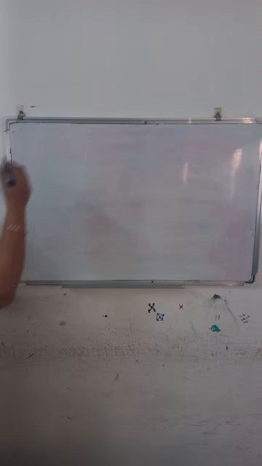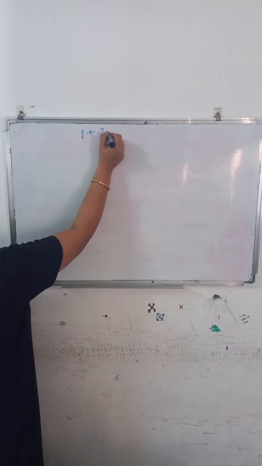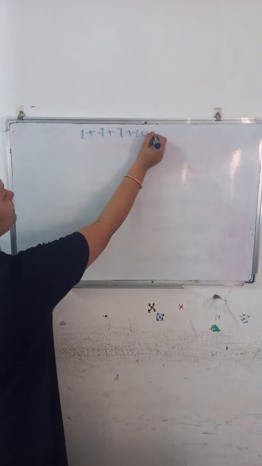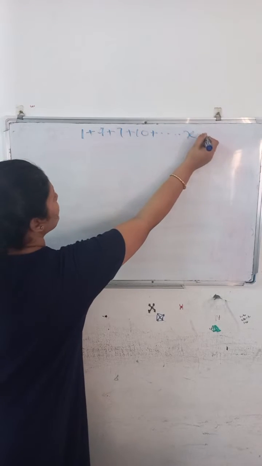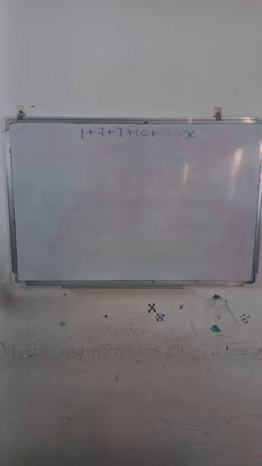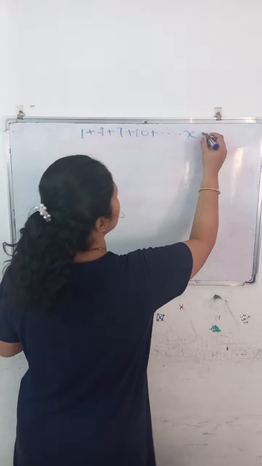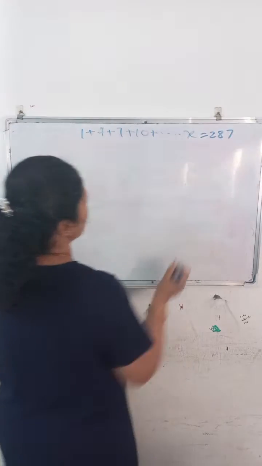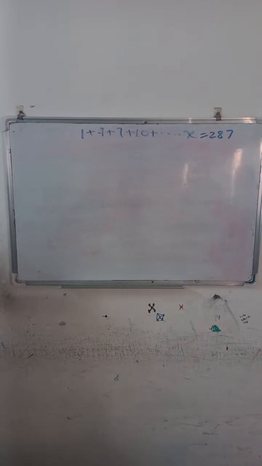The equation is given: 1 plus 4 plus 7 plus 10 plus so on up to x is equal to 287. This much is given, and they are asking us to solve this equation.